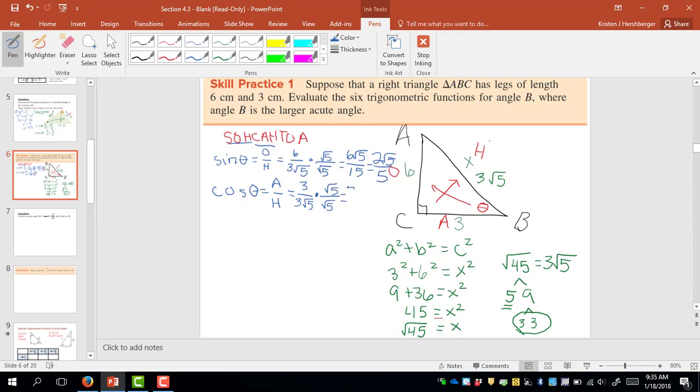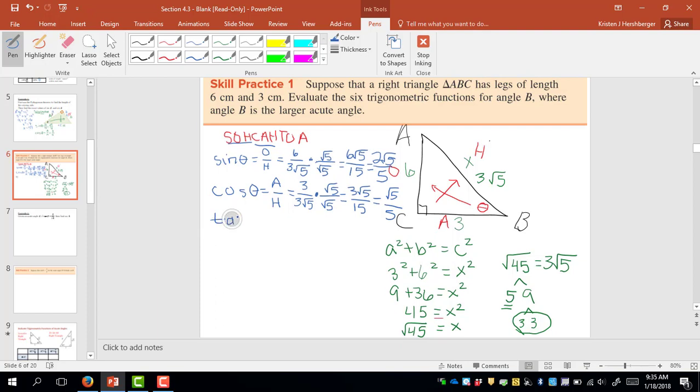And that's going to give me 3 square root of 5 over 3 times square root of 5 times square root of 5 is 15. And then I can reduce 3 over 15 because both of those numbers divide by 3. 3 divided by 3 is just 1, so 1 square root of 5, or square root of 5 over 15 divided by 3 is 5. So cosine of the angle is square root of 5 over 5.